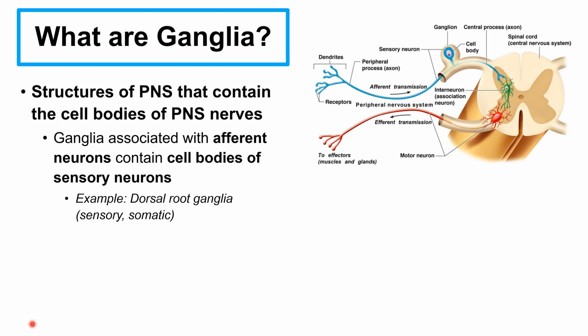An example here, which we saw last week in the spinal cord lecture, is the dorsal root ganglion. You see it on the dorsal aspect of the spinal cord here. You can see this right here is considered the ganglion. It's this sort of outward protruding area. And this is actually going to contain the cell body for this sensory neuron.